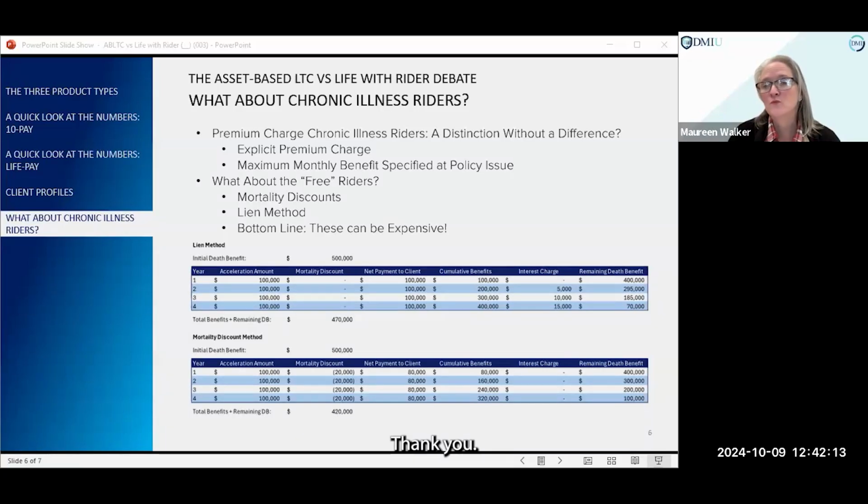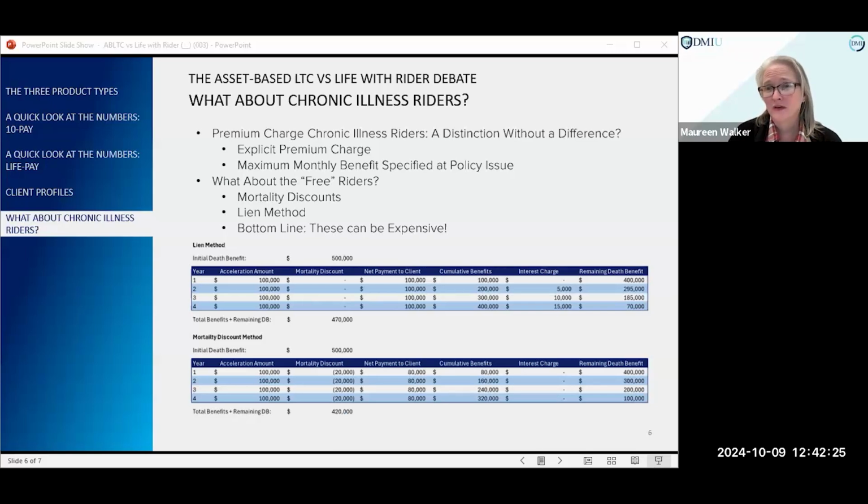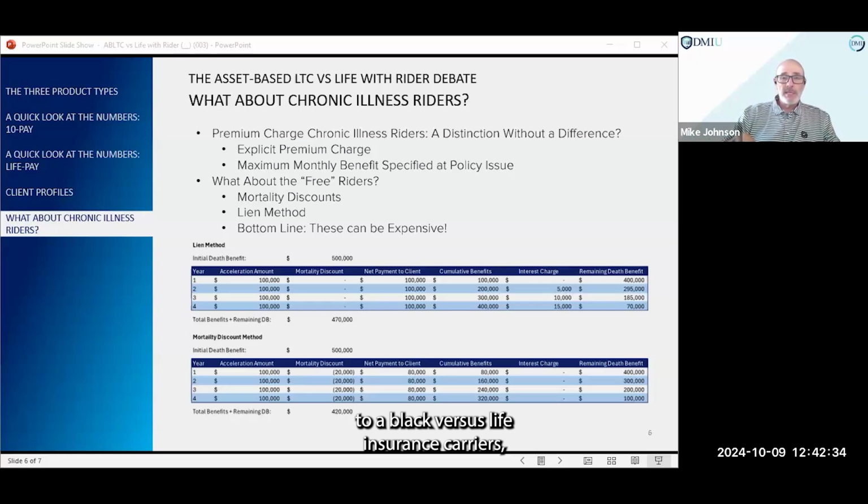Thank you. When you have a second, we definitely want to talk about underwriting considerations for all of these options. Is there a best choice for clients that have some health issues? And how does that all factor in? Yeah. So when we're comparing and contrasting the two, ABLTC versus life insurance carriers, there are some carriers that may have a little bit higher appetite of risk than others.